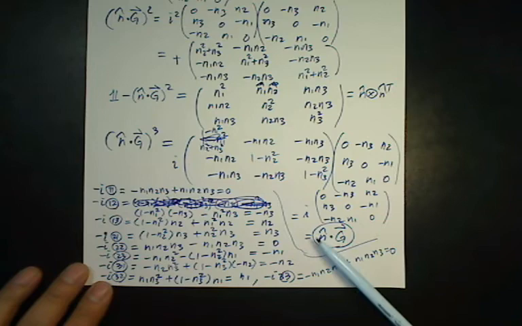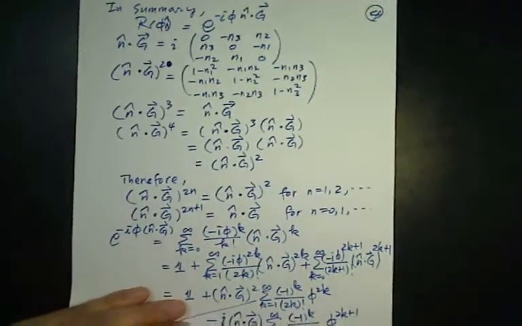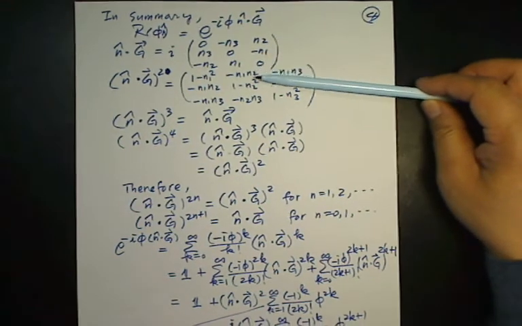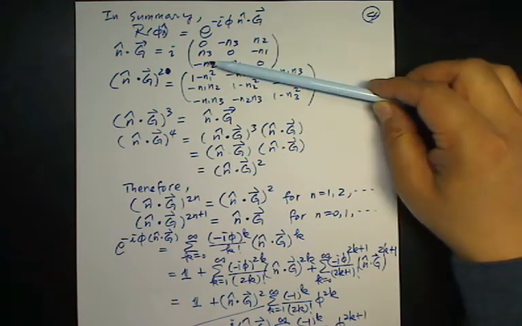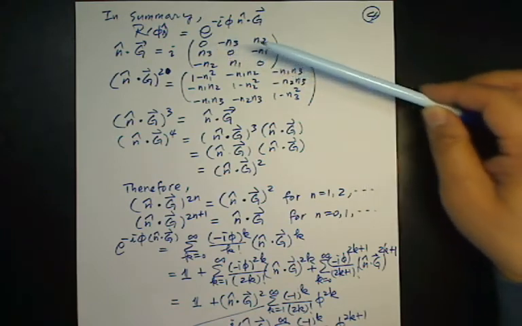This is the same as the original value for the single power. That relation is identical to the case of rotating about the x, y, z axis separately. So, in summary, if I combine everything, the single power is the matrix with entries minus n3, n2, n3, 0, 0, minus n1, an anti-symmetric matrix.